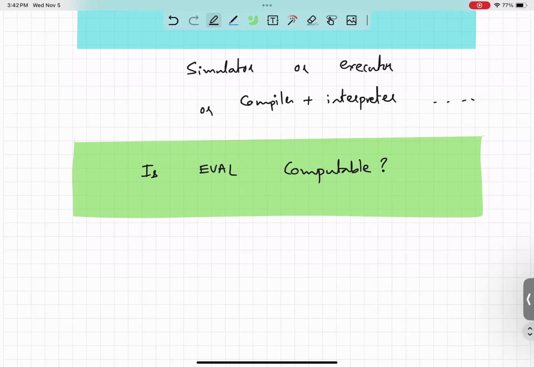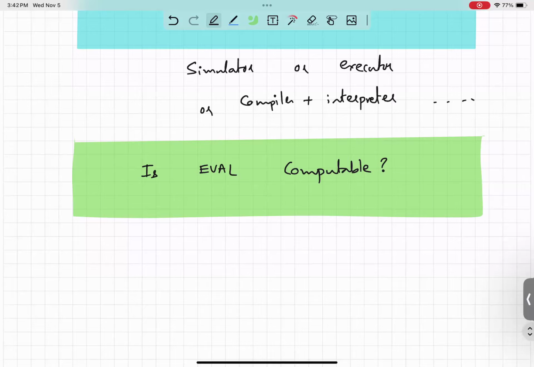When we asked the same question for circuits, it was an easy answer because circuits could compute everything, right? But it's not clear the same is true for Turing machines. We don't know they can compute everything. In fact, I claim there are functions that you cannot compute. Maybe eval is one of them, who knows, right?